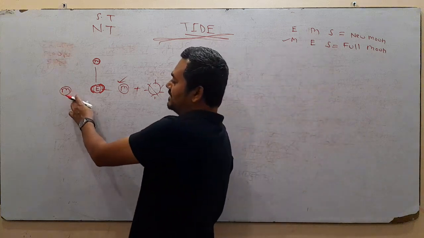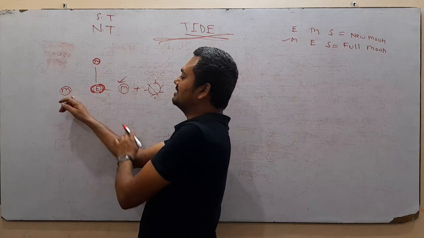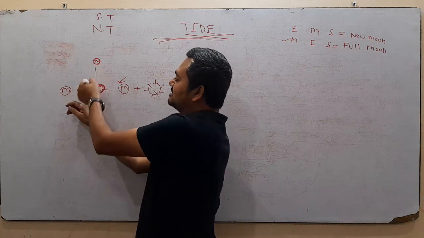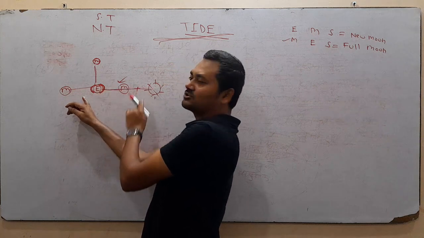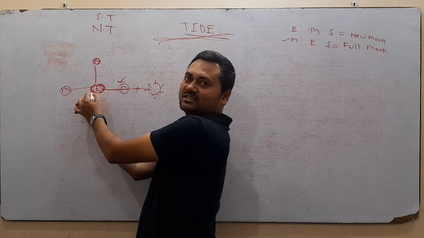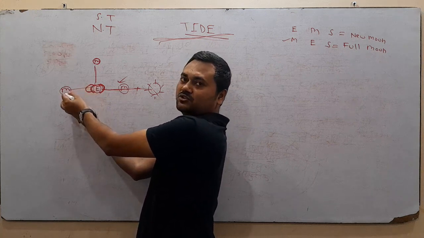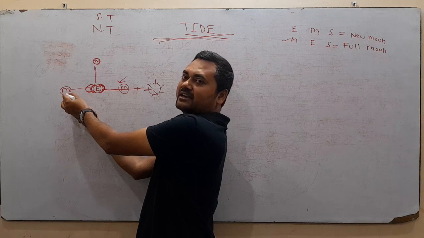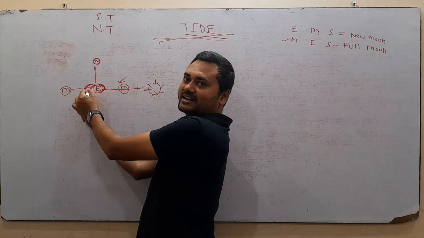If you compare the positions, this was one position, this was one position, and this is one position. The moon is here and the earth is here. On this particular side, because of the presence of the moon exerting gravitational force on this side, the bulging will be created.